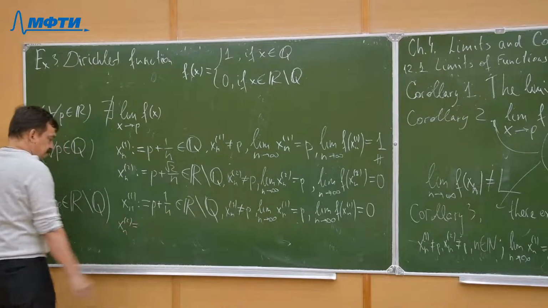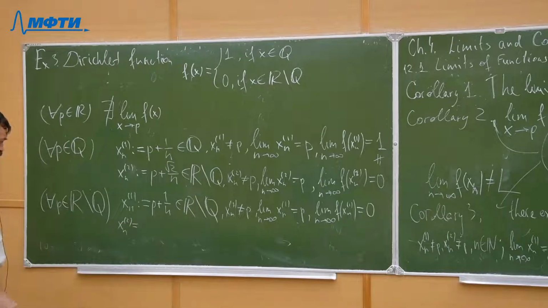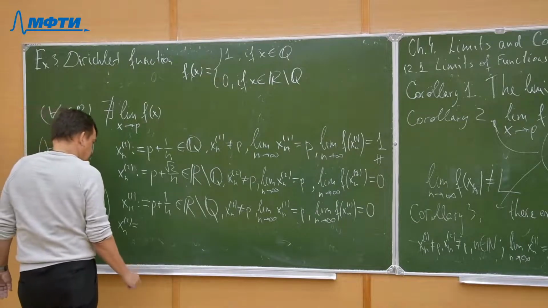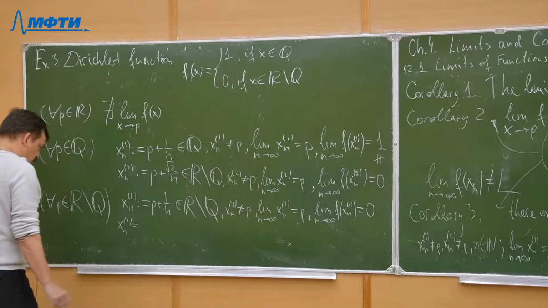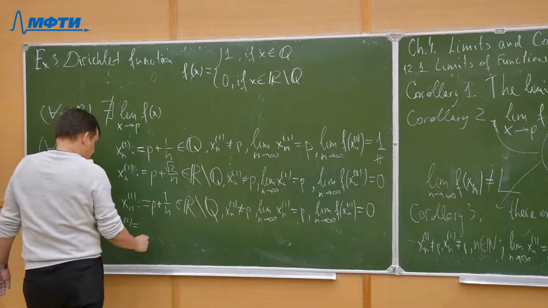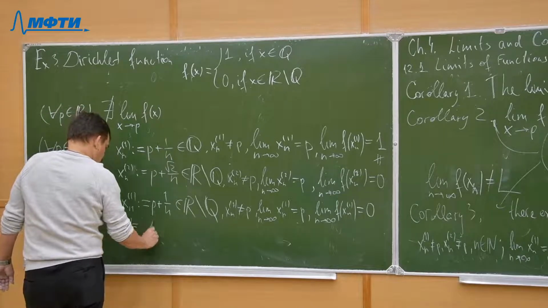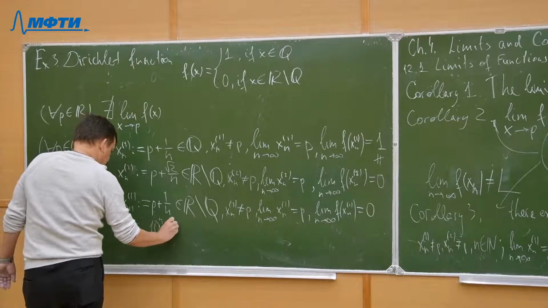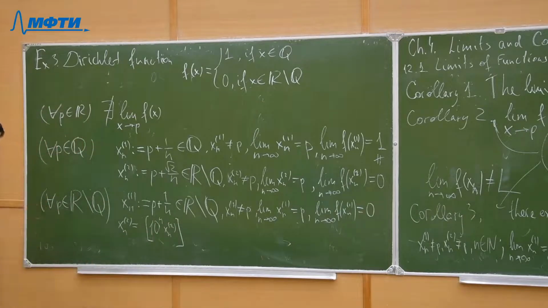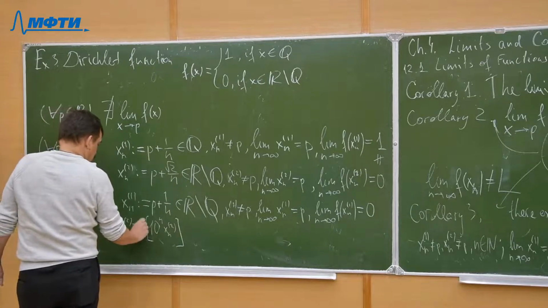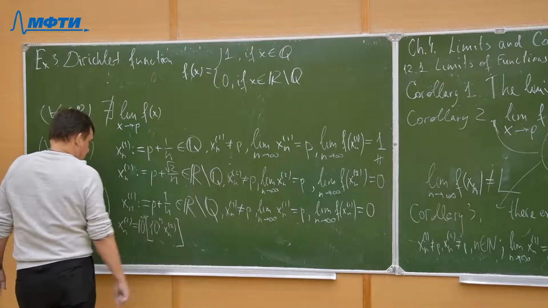So let's say 10 to the power n times xn2, take the integer part, and take 10 to the power minus n here.